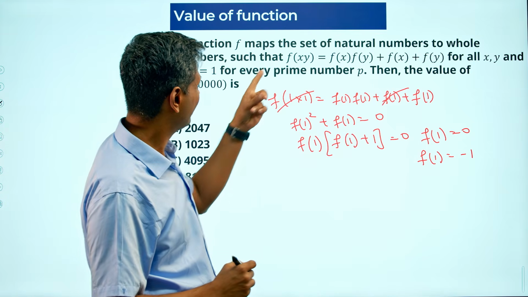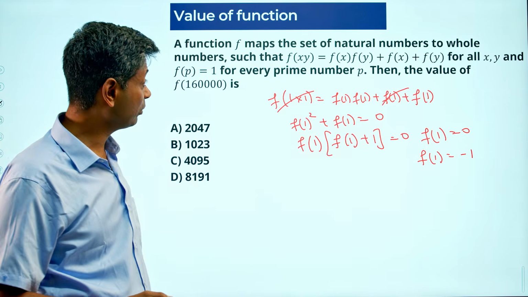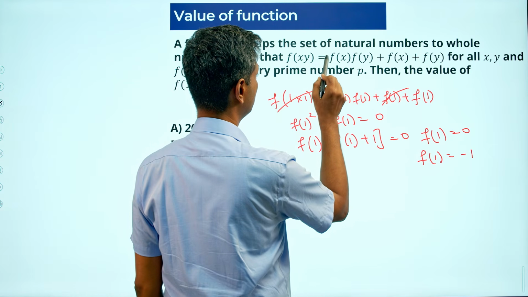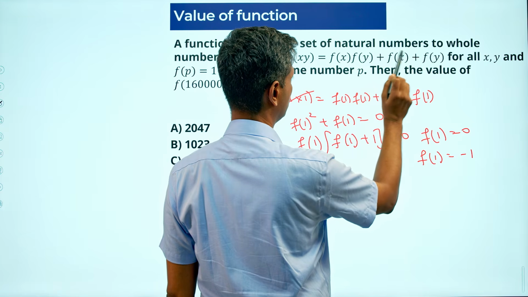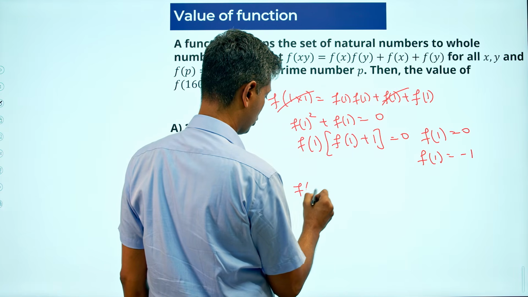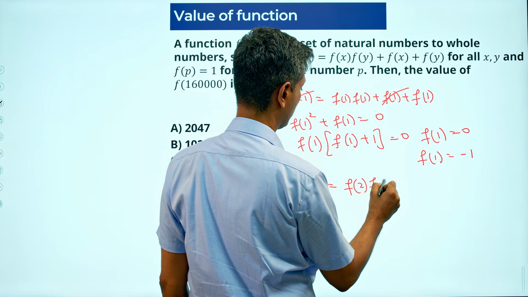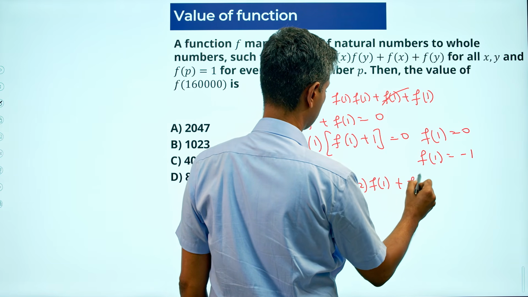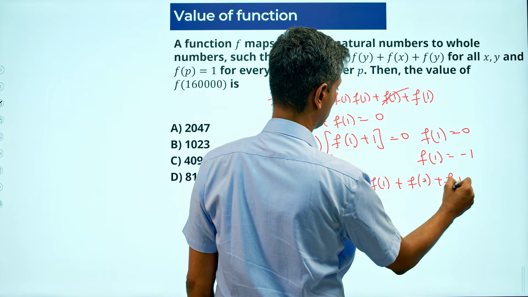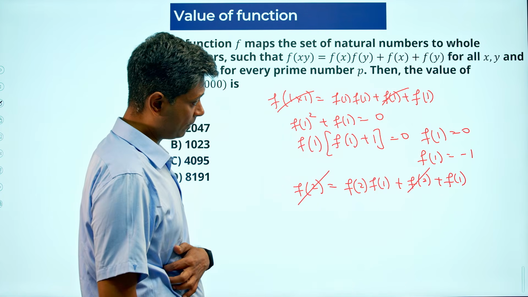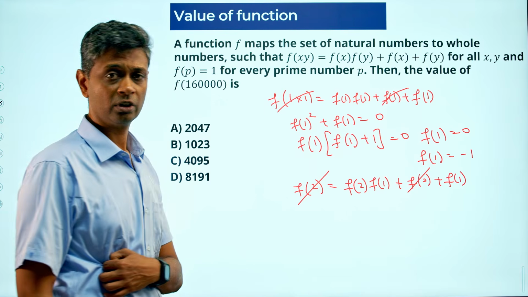What I'm going to do, we have f of every prime number is 1. So f of 2 is 1. F of 2 into 1 is f of 2 into f of 1 plus f of 2 plus f of 1. So f of 2 into f of 1 plus f of 1 equal to 0.